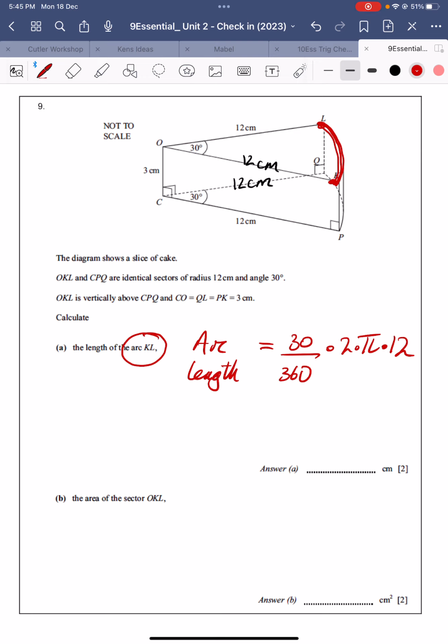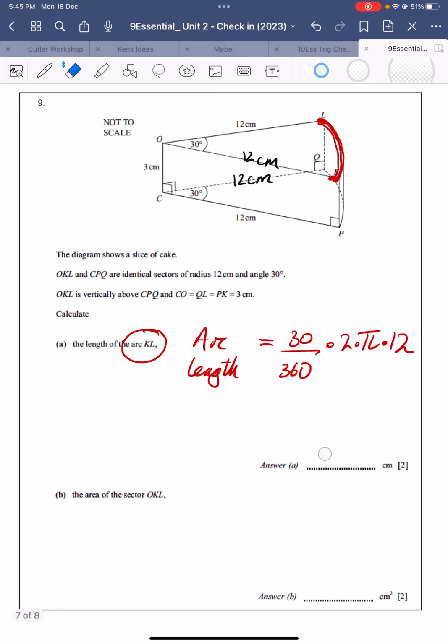And again, reach for the calculator. Times by 2, times by pi, and times by r. So I've got 6.28 centimetres to 3 sig fig.